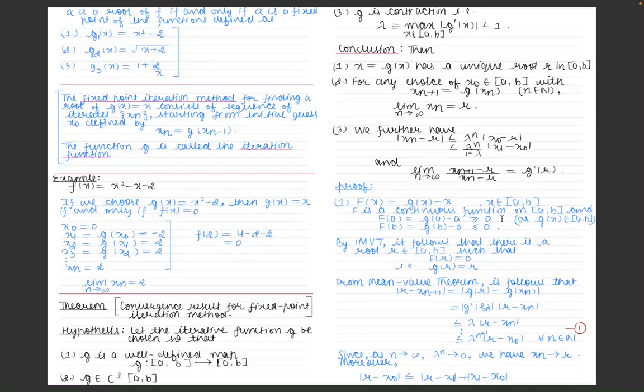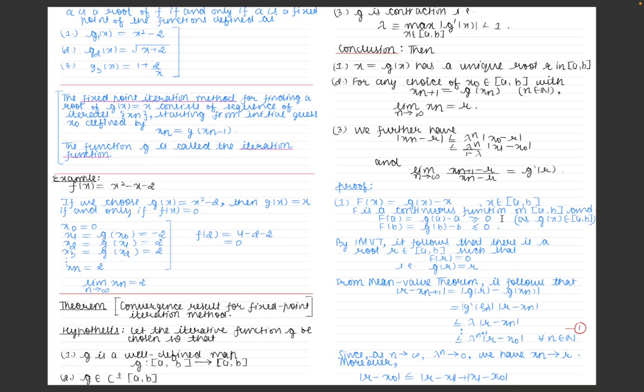Sorry. So g of a minus a will be greater than or equal to 0, right? And g of b minus b will be less than or equal to 0. Yeah, that was the problem.